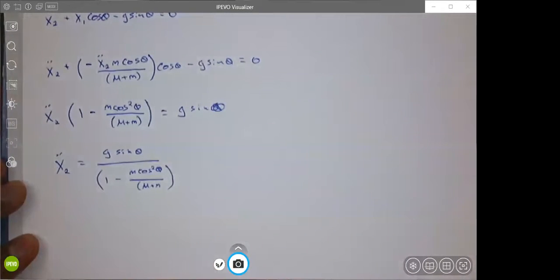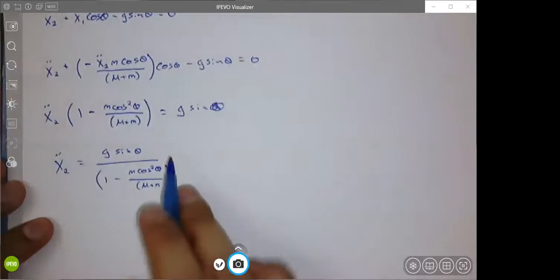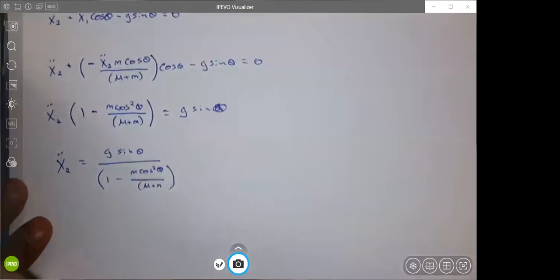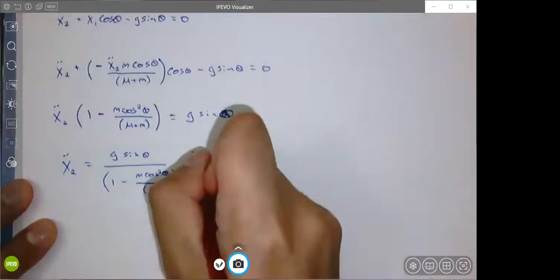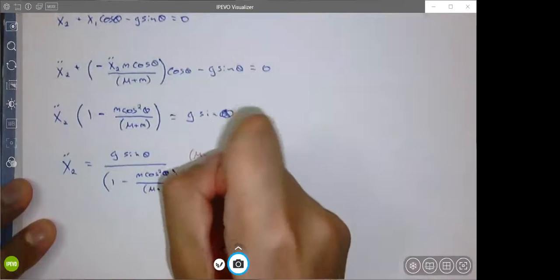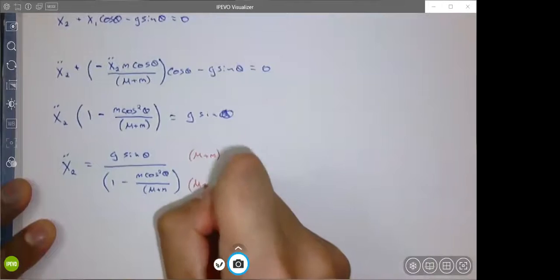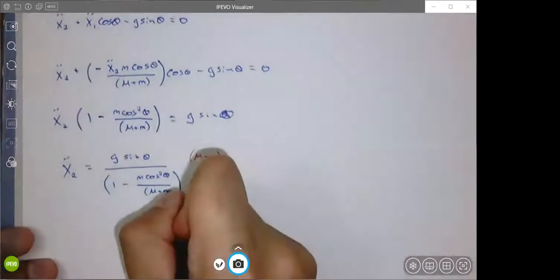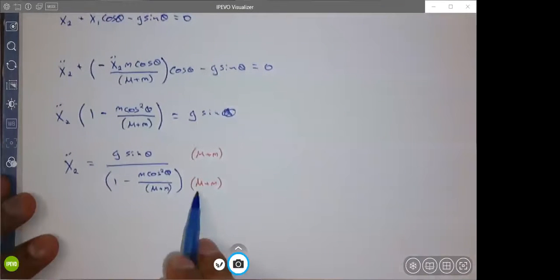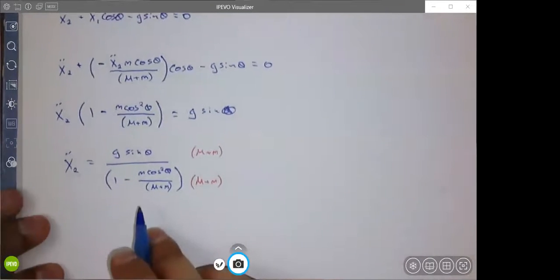And can we make this look a little bit nicer? I think we can. What I could do is multiply the top and the bottom by big M plus lowercase m. So I'm going to take this equation and multiply the top by big M plus lowercase m and the bottom by big M plus lowercase m. And when we do that, this thing gets distributed into here, that'll cancel out, and then it gets distributed into here.